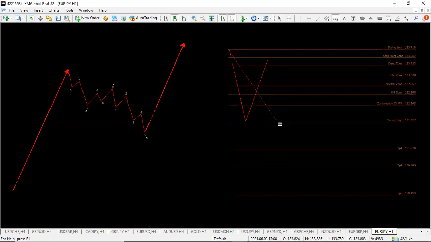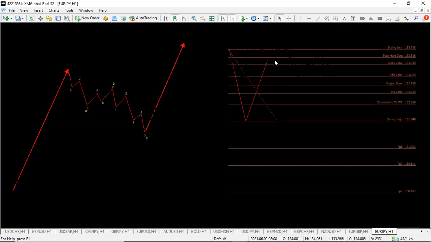Remember that zone? Yeah, it comes and retraces in our wave 2 zone. And then you get your C. Then you see it won't take out this bottom. So that's your regular flat.